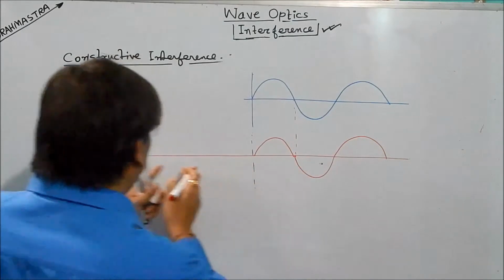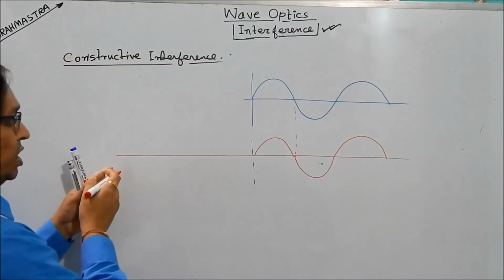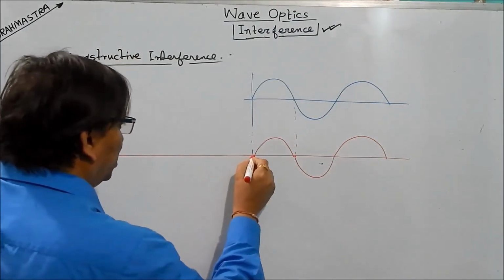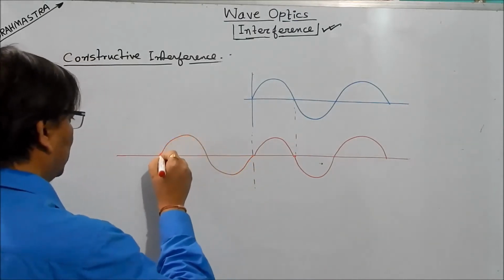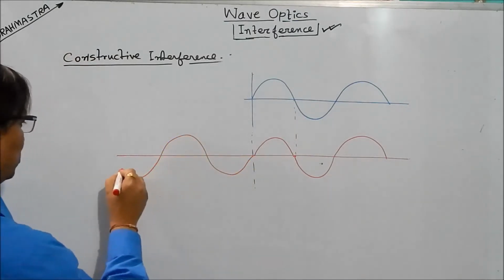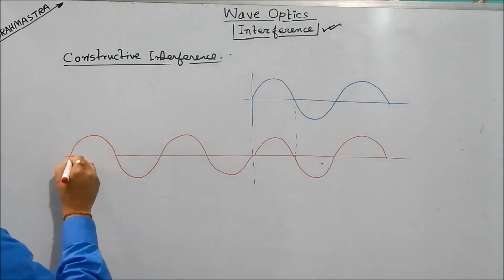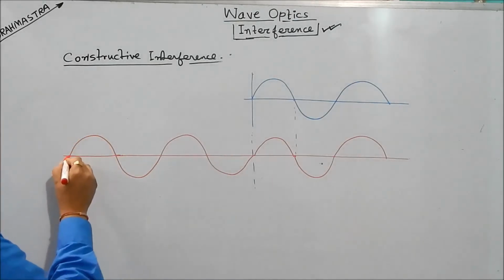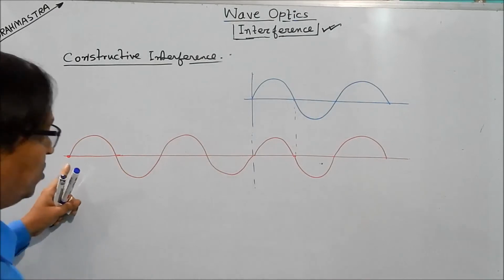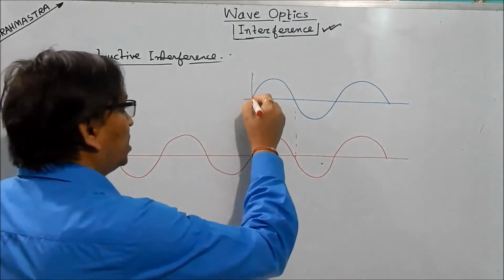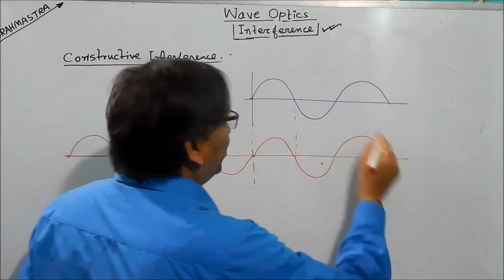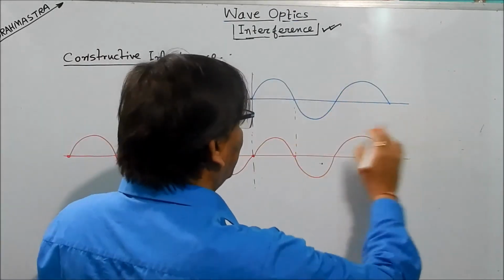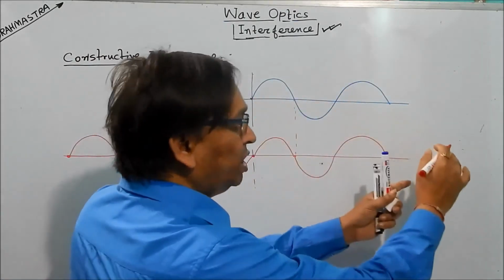But this wave is actually starting from a path difference. So one of my waves has started from here and another wave has started from here. From this point they are in phase, and after this the superposition takes place.